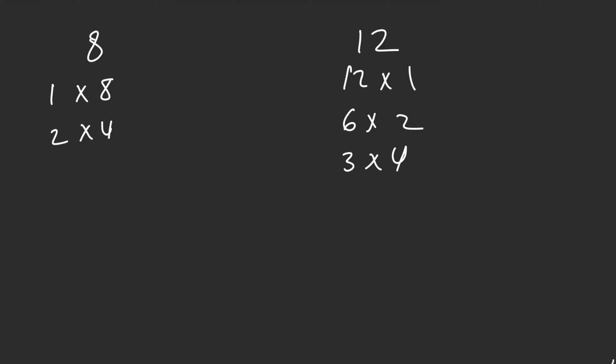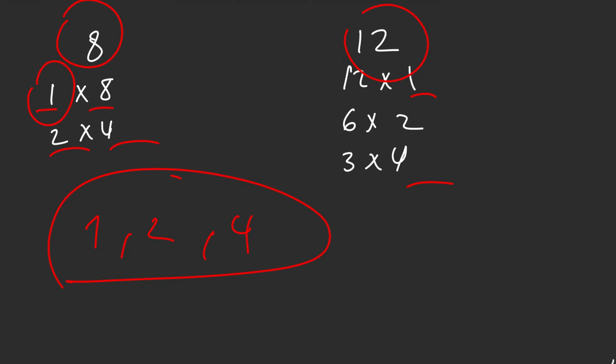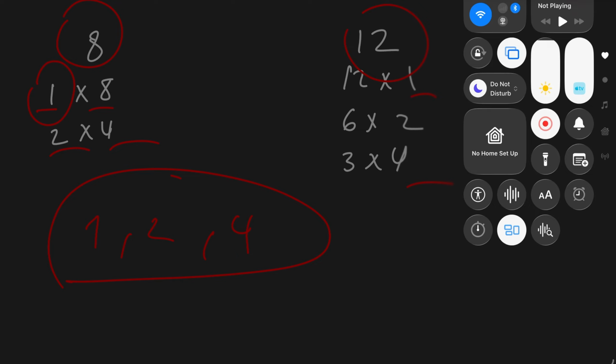Now I'm going to ask you the question, write the common factors. We have 1 here and 1 there. That's a common factor. We don't have 8 there, so it's not common. We do have 2. That's a common factor. We do have 4 as well. So 1, 2, 4 are the common factors between 8 and 12. You should understand that. It's very important.